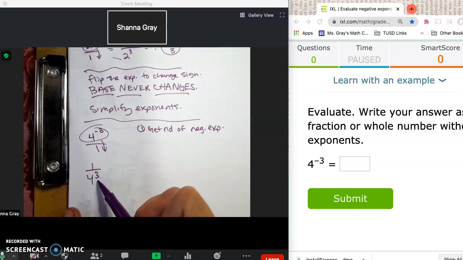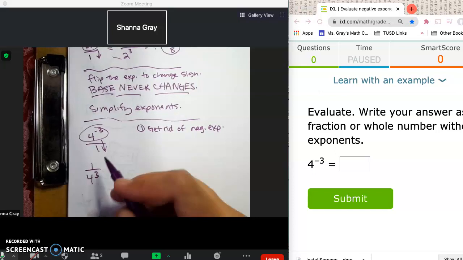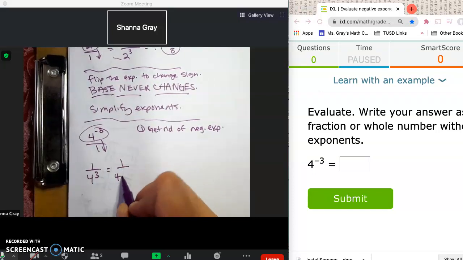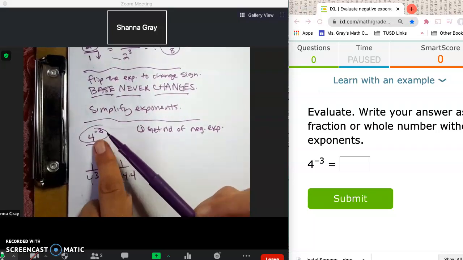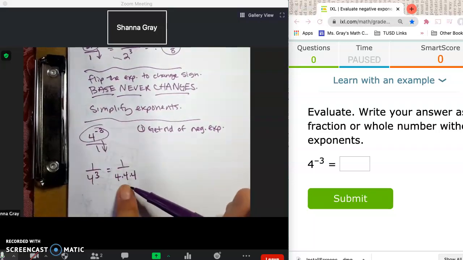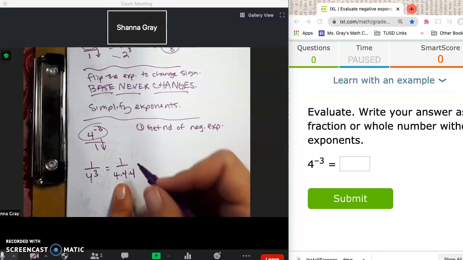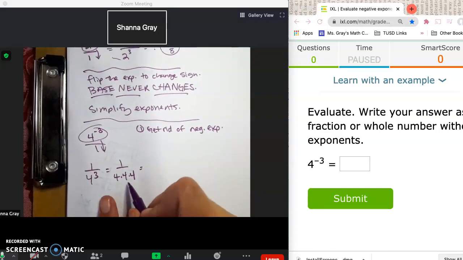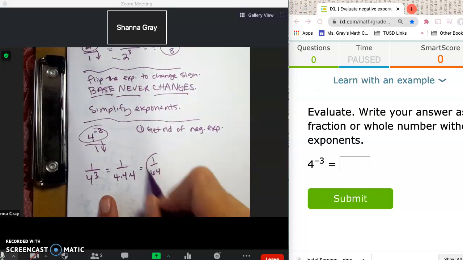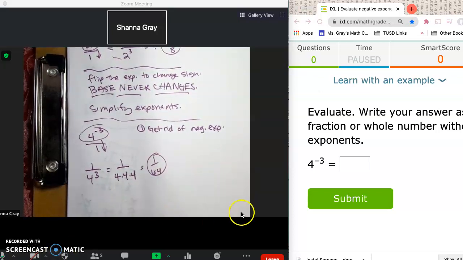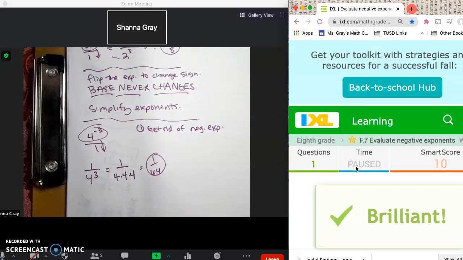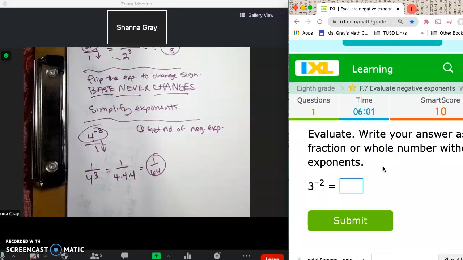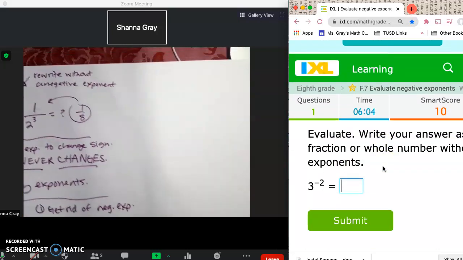So I flipped my exponent over to the denominator, and negative 3 became a positive 3. So really, this is the same as saying 4 times 4 times 4, because we don't really know what negative 3 means, but we do know that positive 3 is multiplying 3 times. And so I end up with 16 times 4, so 1 over 64. So if I'm typing this in, 1 divided by 64.